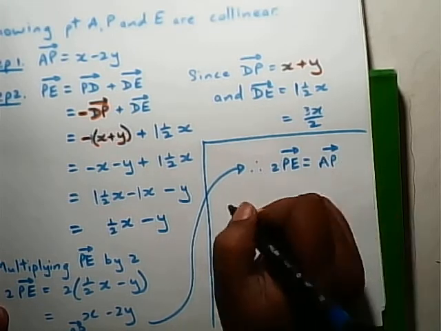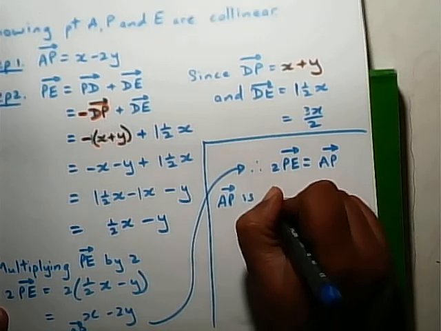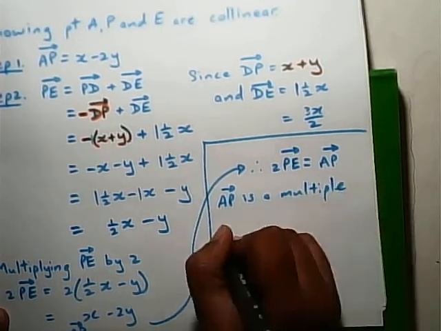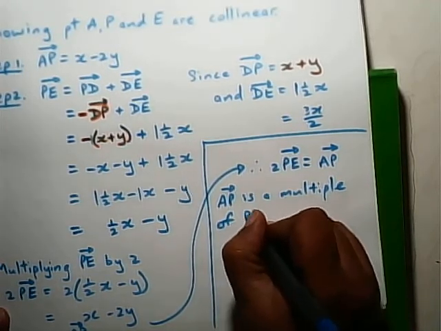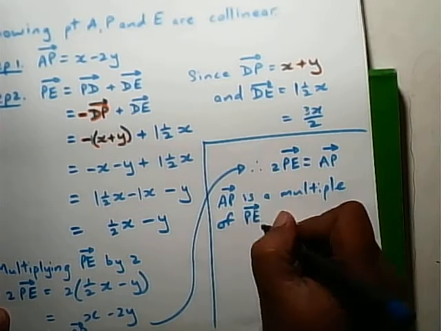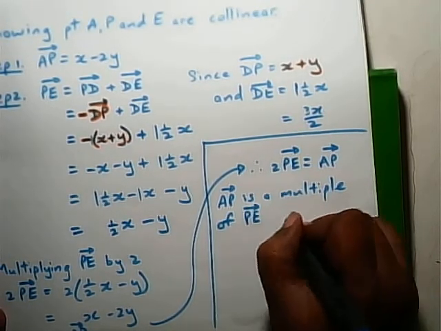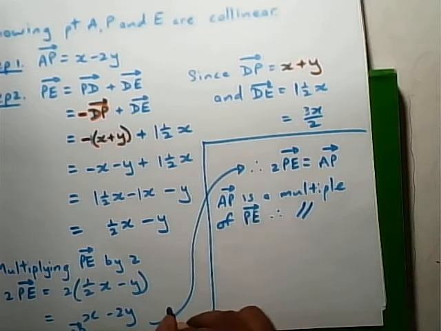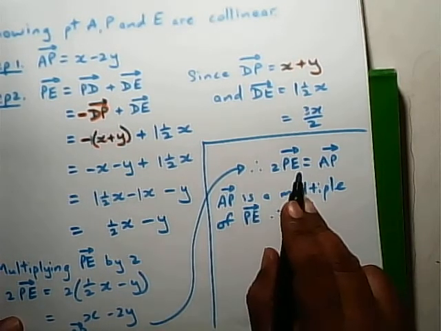So AP is a multiple of PE. That means that therefore they are parallel, right?